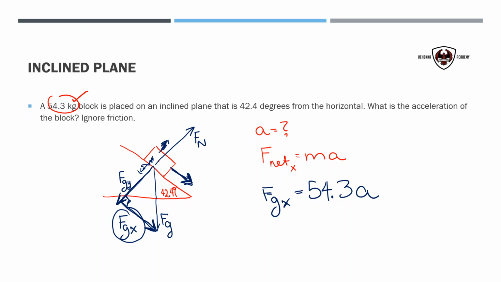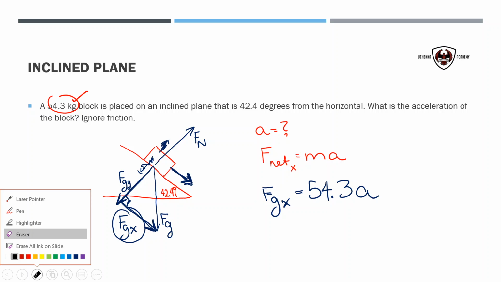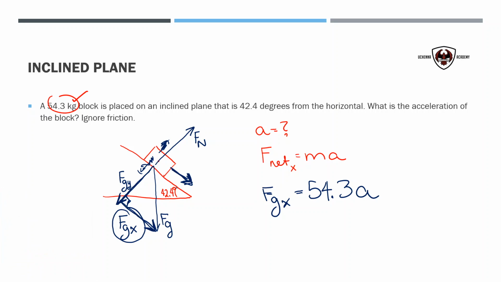If I want to look at it, you should hopefully realize that this angle here is also 90 degrees. I don't really need that, but I do need to recognize that if this angle is 42.4 degrees, and this here is 90 degrees, then this here is 90 minus 42.4. So this shaded angle here is 90 minus 42.4.